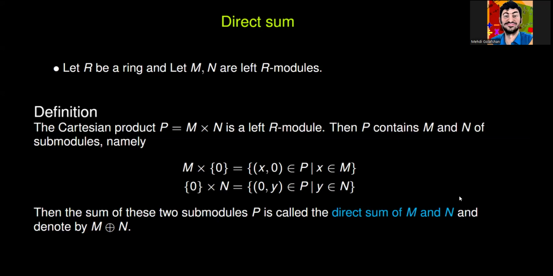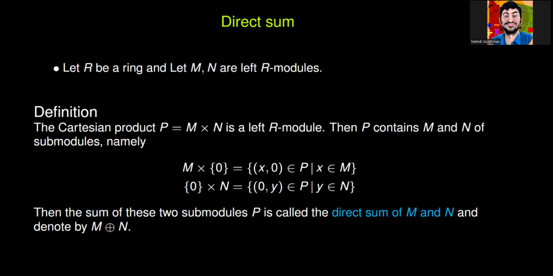In the following way, M times 0 and 0 times N. Then the sum of these two submodules of P is called the direct sum of M and N and denoted by this notation.